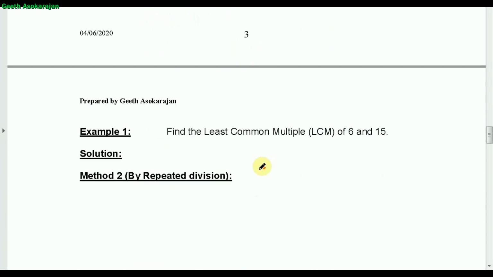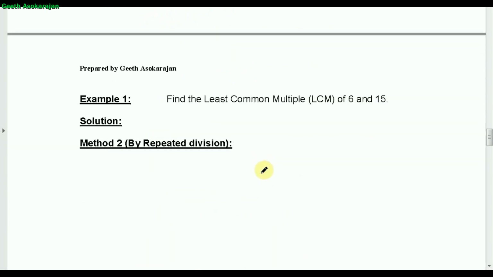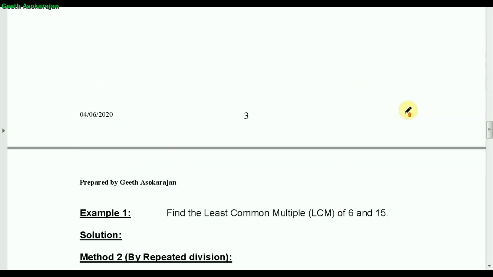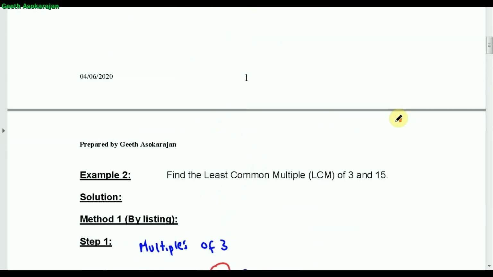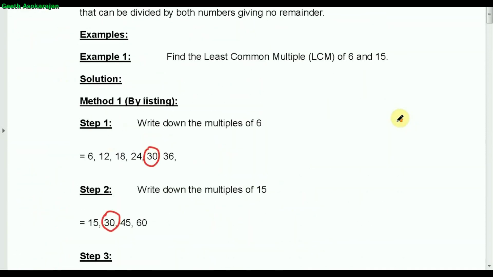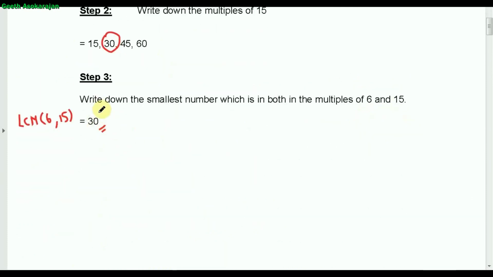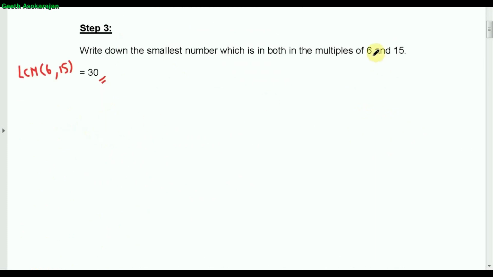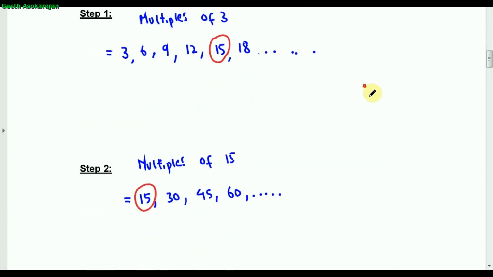Right. Now, there's another way to work out the LCM or the least common multiple, and this is by using the method of repeated division. Now, using the method of listing, we know the LCM of 6 and 15 is 30.